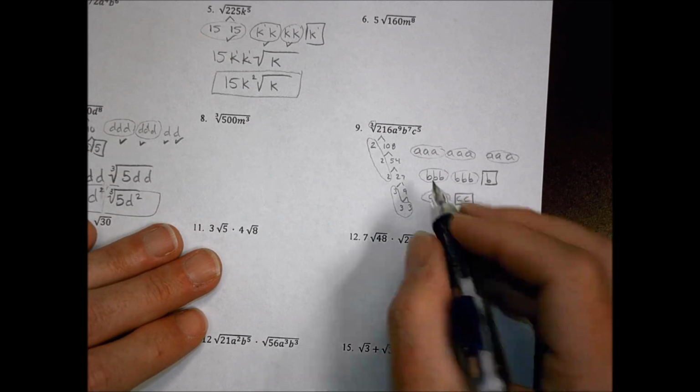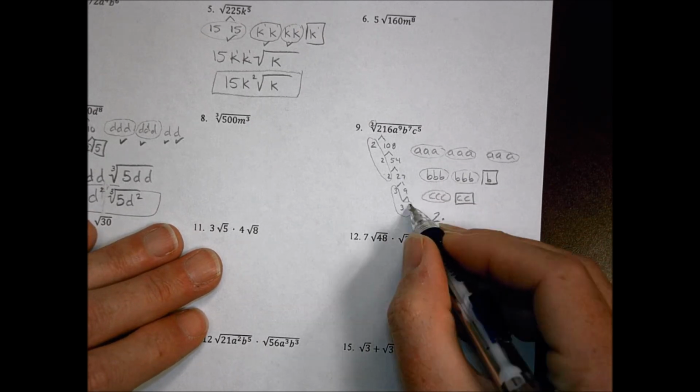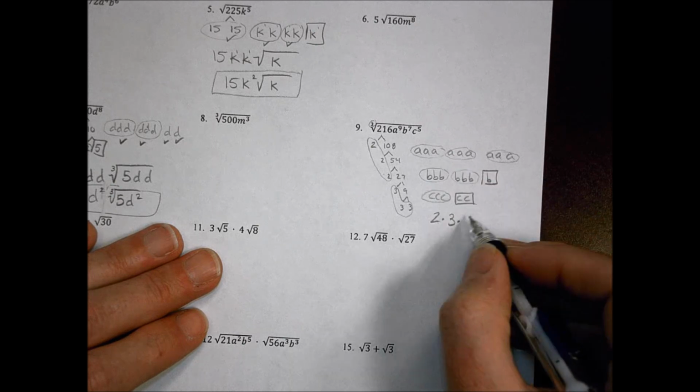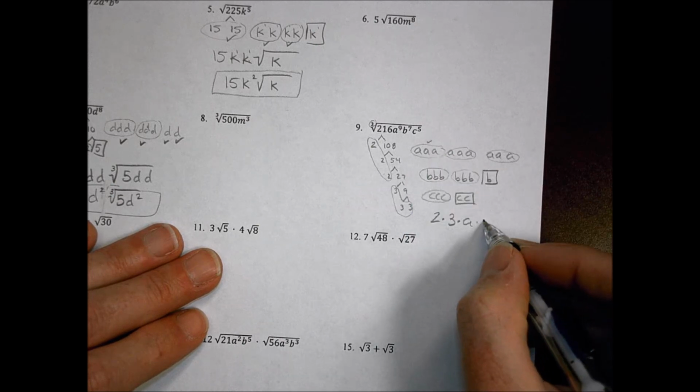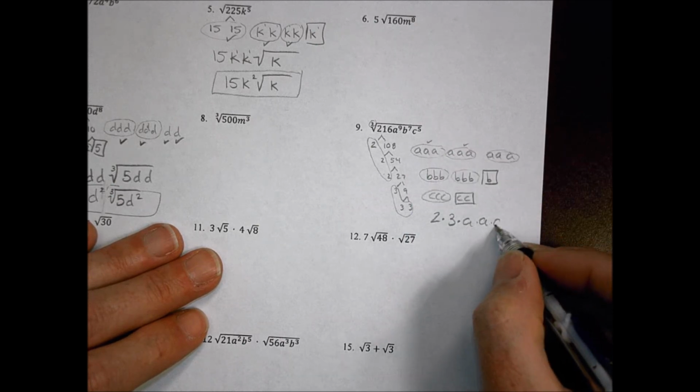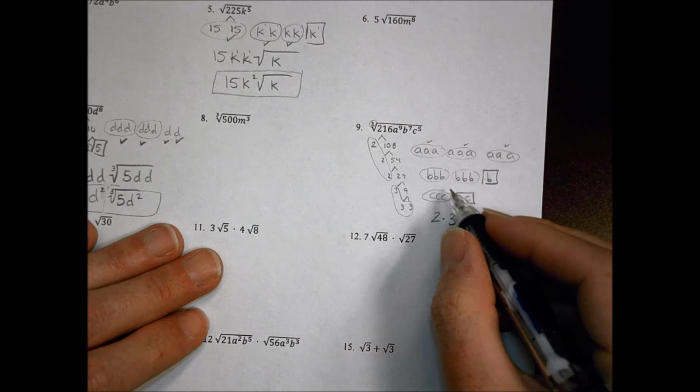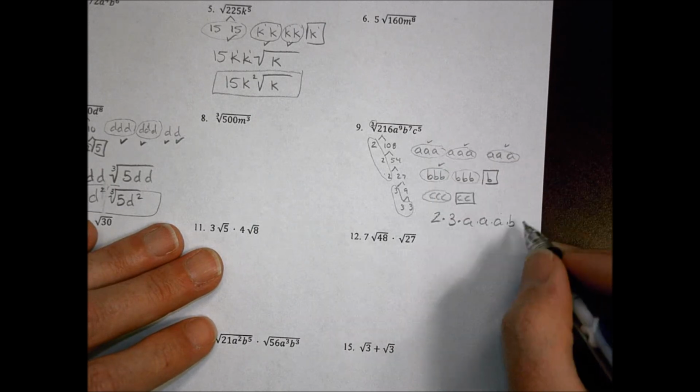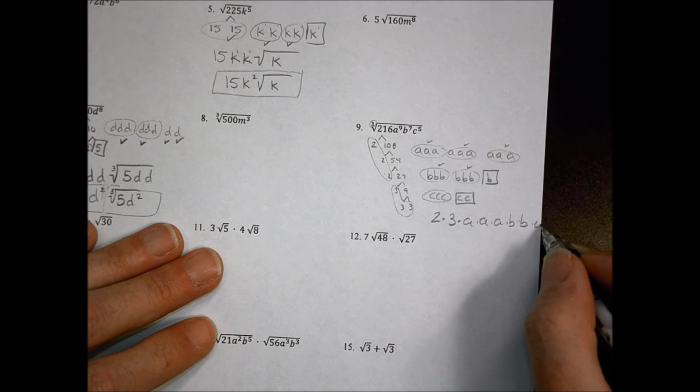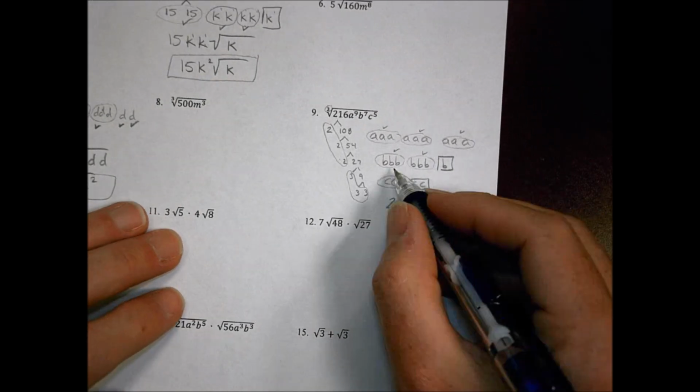So on the outside of my radical, I have a 2 times a 3 times an A times an A times another A times a B times a B times a C. Those are on the outside of the radical, right?